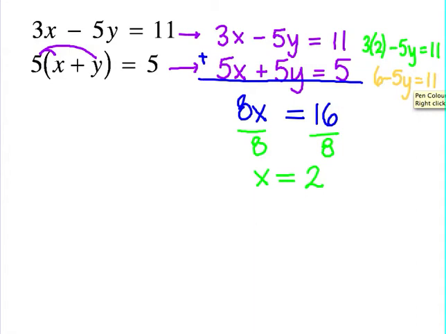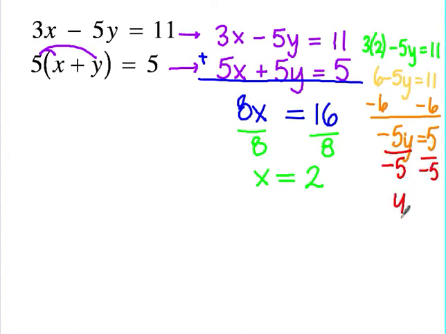So what do you do now? Subtract 6. So I get negative 5y to equal 5. Okay, and then what do I get y to equal? Negative 1. So my ordered pair is 2, negative 1.